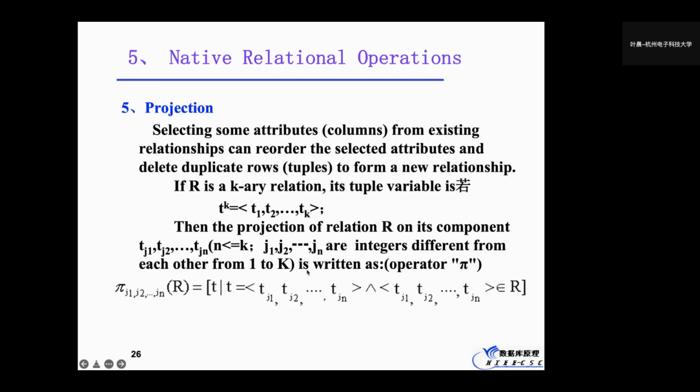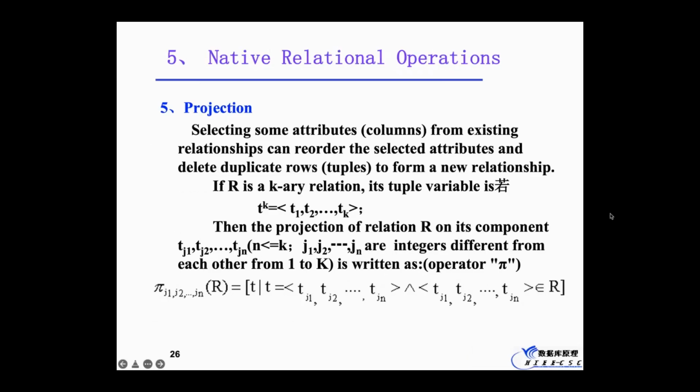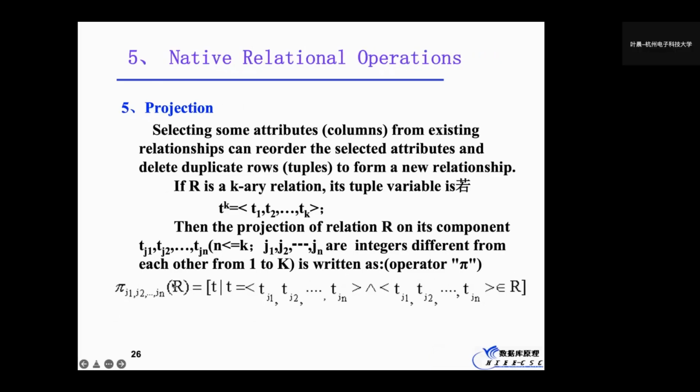That means we make a projection on this relation R. If we want to make a projection on columns G1 to Gn, then we will get the tuples composed of these columns, without duplicates.